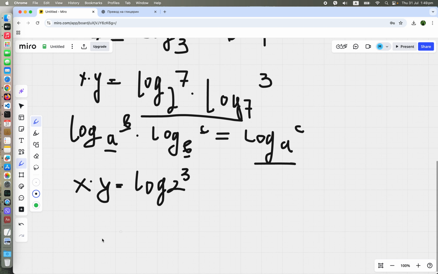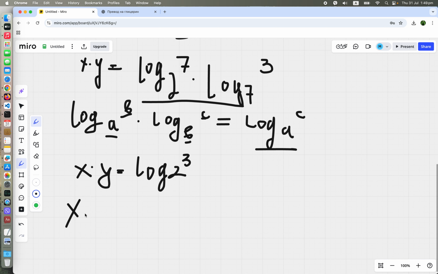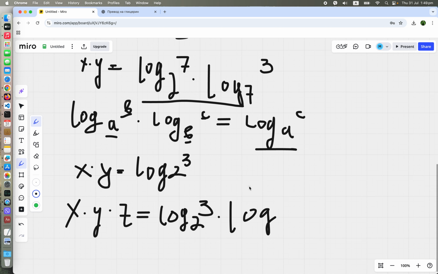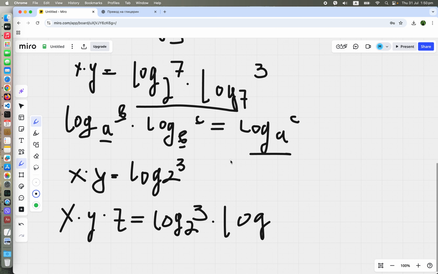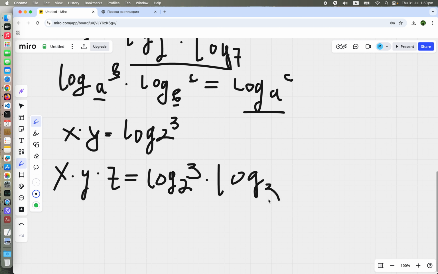Okay, now we have this, and we want to multiply it with z. Now x times y times z, the whole product, is equal to logarithm base 2 of 3 times logarithm base 3. Look, now we got base 3, so you see where we are going, because 3 is the same as 3.